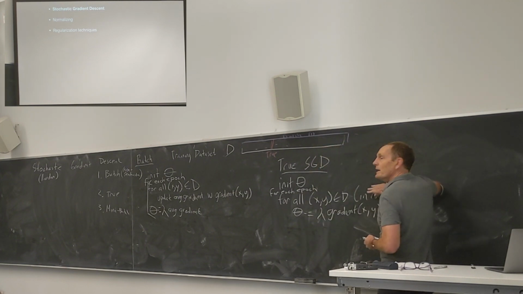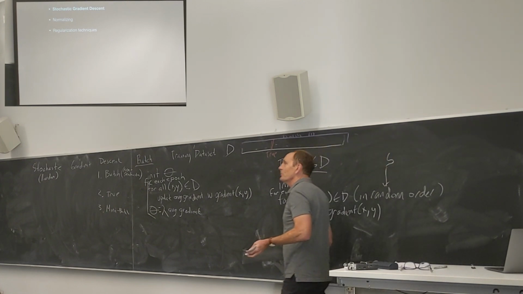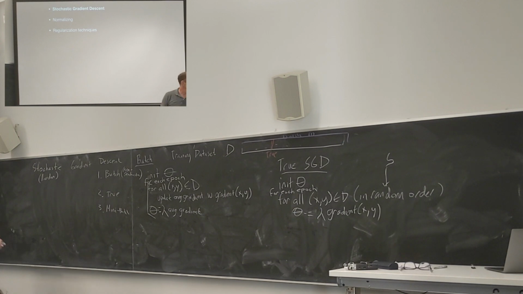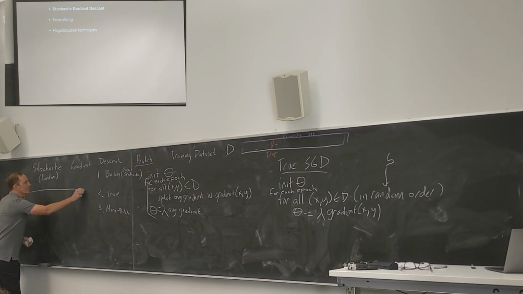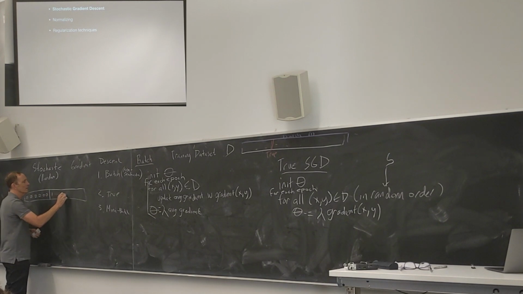Let me show you why random order is critical. This is an example from someone's thesis last year, that I was a reader on. She had a bunch of training examples, and we don't even care what the x's are. The x's don't particularly matter. But she had predictions, the y's were either 0 or 1.